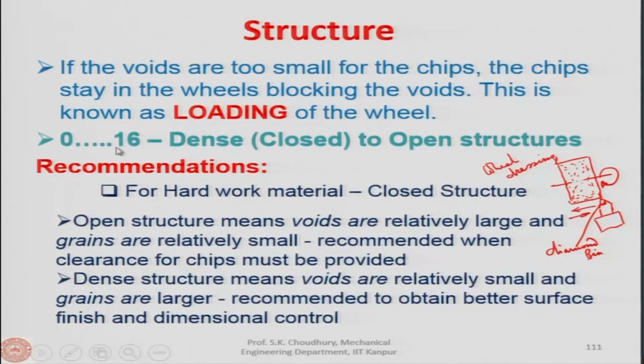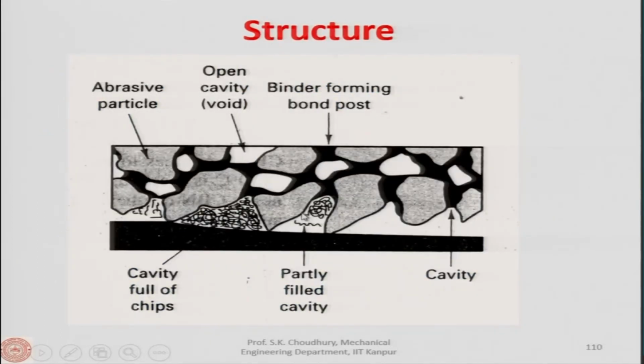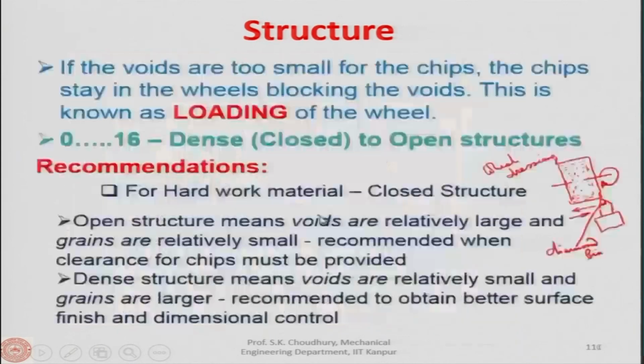According to the international standard, there are 17 grades of structure of the grinding wheels, from 0 to 16. Now, 0, 1, 2, 3 etcetera are the dense wheels, or the closed structure. Closed structure means the voids between the grains are very small. Starting from probably 10, 12 and so on, these are relatively open structures, and 16 is the most open structure.